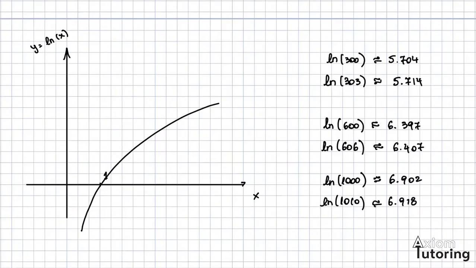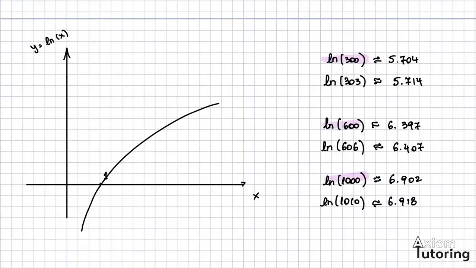There is a bit of a pattern in here. These are not just randomly asking you to find some numbers. Well, I've picked ln 300, 600, and 1000 randomly. The next number that I've asked you to find is not that random.